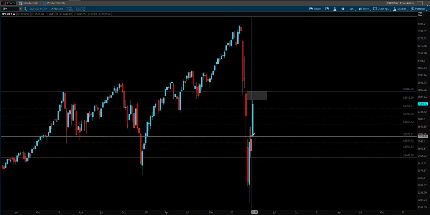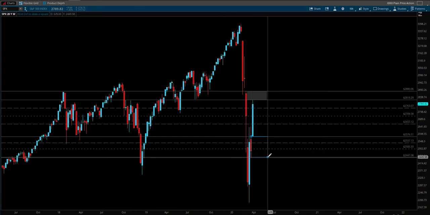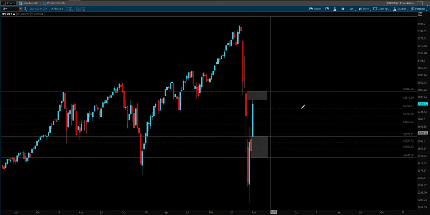Well, it's a big zone though, because it's had a big movement. It was very volatile.